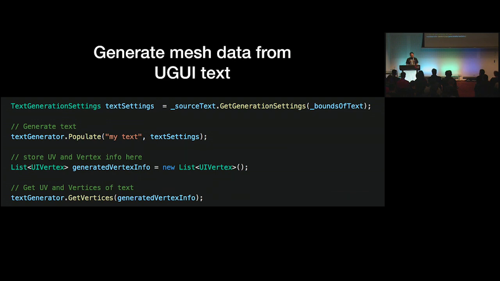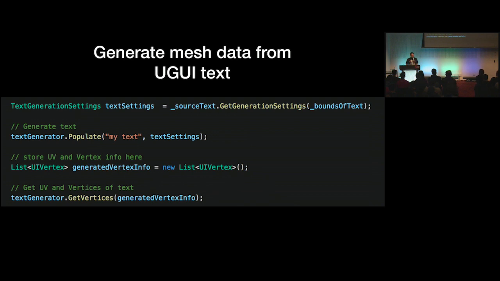Then you can pass in a list of something called UIVertex into GetVertices, and this will return all the vertices, all the UVs, everything you need to render the text. So now you have a way to get vertices and UVs to render text.